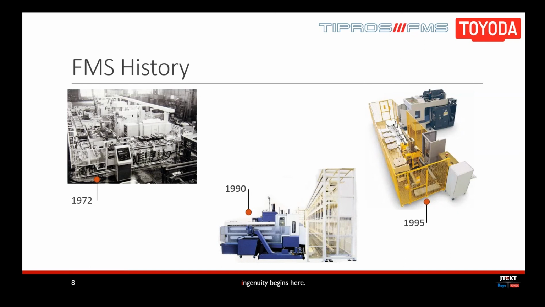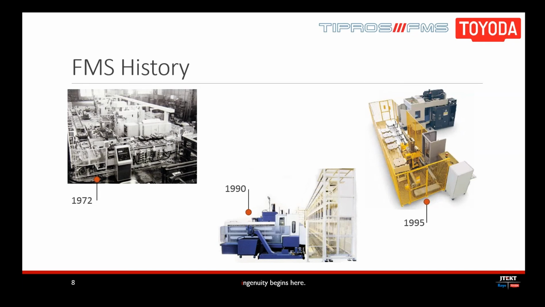For those of you who don't know, FMS is not a new concept to Toyota. The very first TIPROS system was installed in 1972 at Toyota's Okazaki, Japan factory. The success of this system laid the groundwork for future pallet systems and centralized computers from Toyota. Moving to 1990, FMS stacker cranes became widely used throughout the world, and this advance allowed for 24-hour production and a higher degree of workpiece flexibility.